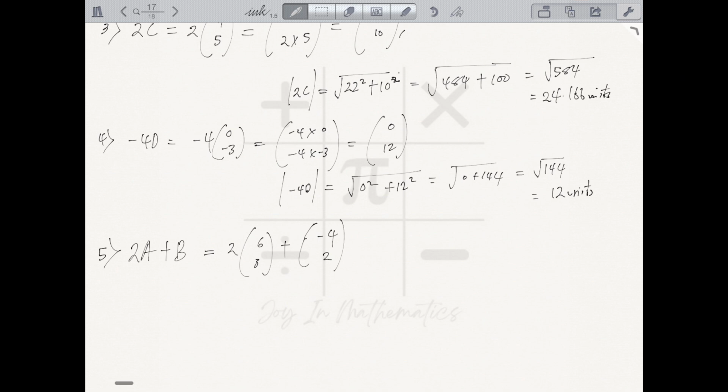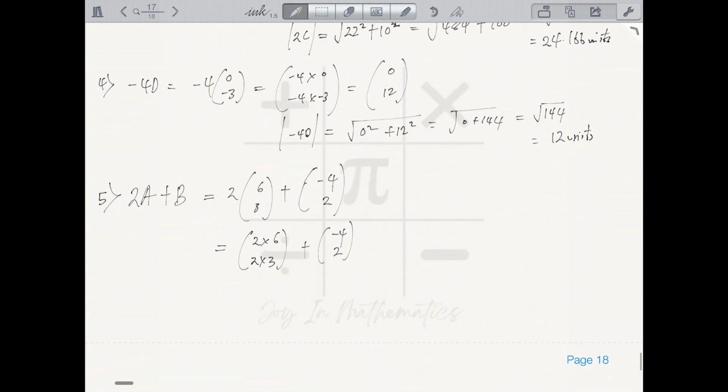Now, we can simplify the scalar multiplication here, and this will become (2 multiplied by 6, 2 multiplied by 3) plus (-4, 2). So this will result in (12, 6) plus (-4, 2).